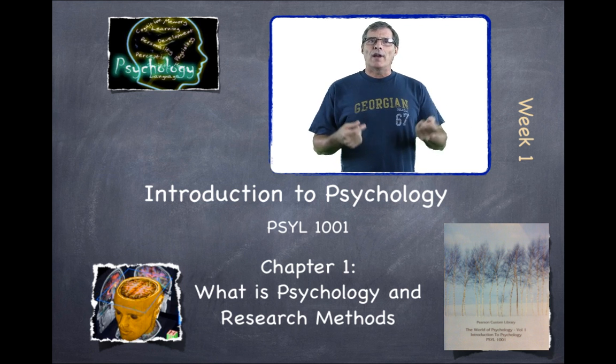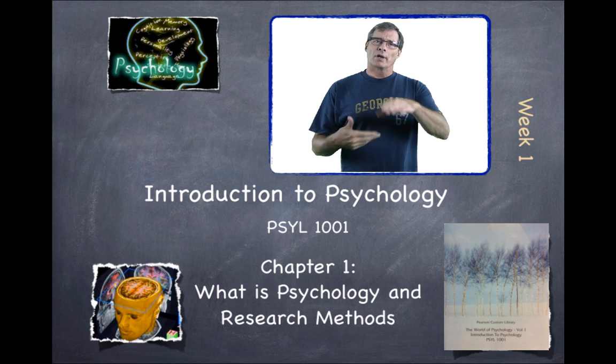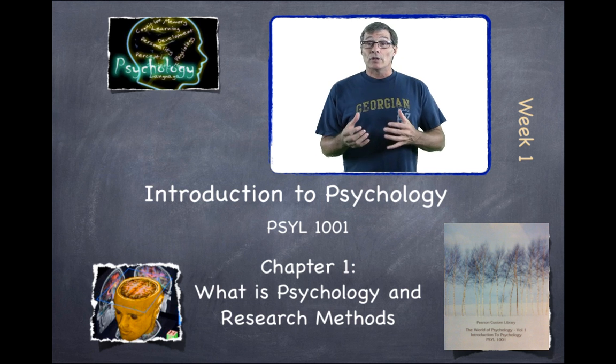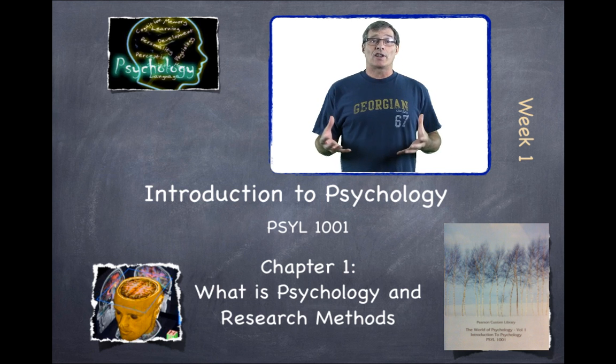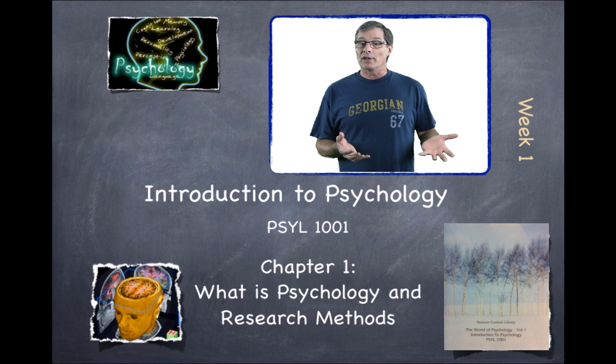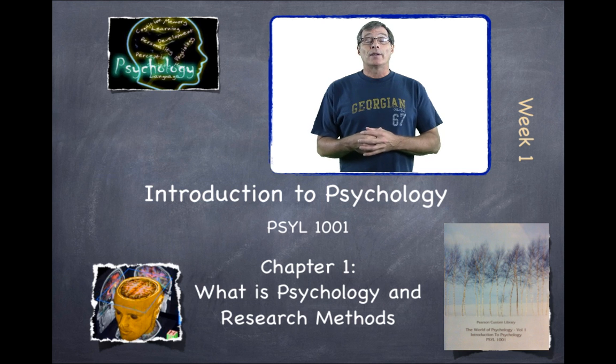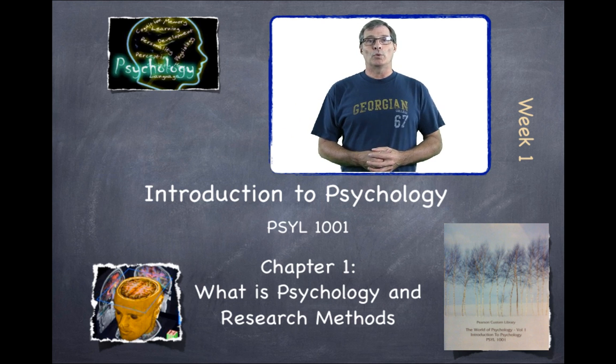We'll look at how it becomes a science, so we'll look at the scientific method, the foundation of the research, and how psychology is a science and what separates it from common sense. Then in week 2 we'll look at theorists, and I'll post week 2 in the week 2 folder.